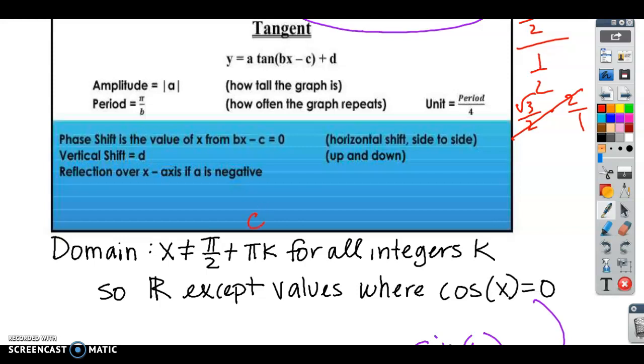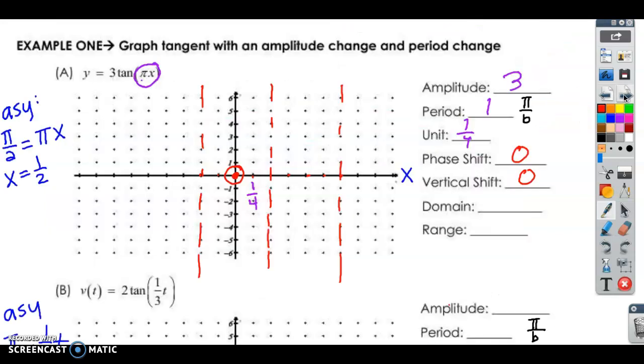The tangent starts at 0 and it goes high, and then it's undefined, and then it's low, and then it's 0. So some people like to memorize that. I usually don't think about that when I'm graphing. I usually just graph my 0. This is the tangent, so I know it's going to approach in either direction. Instead of going up 1, I am actually going to go up 3 because my amplitude is 3. So on either side of my 0, I'm going to have a 3, and then I'm going to have a -3.